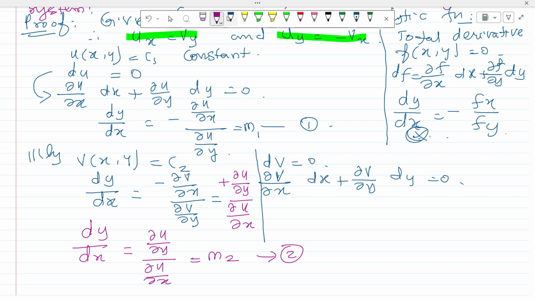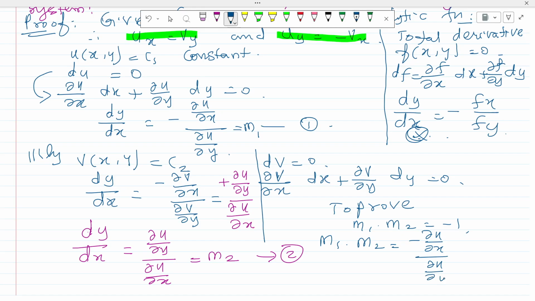Okay. What we have to prove? To prove both the curves cut orthogonally means m1 into m2 equal to minus 1 you have to prove. What is m1 here? m1 is minus dou u by dou x divided by dou u by dou y.